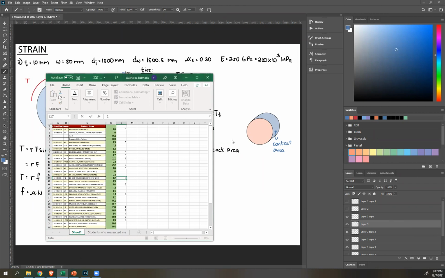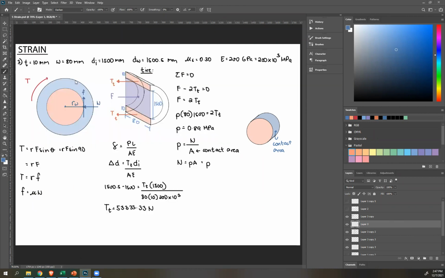Right, it's simply perimeter times thickness, right? Perimeter of a circle, that's pi d. So pi d, now this is the wheel, okay? So diameter of a wheel, that's 1,500.5. And thickness, which is W, and that is 80.